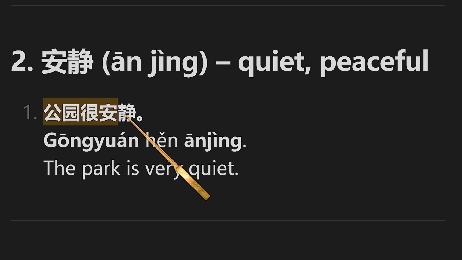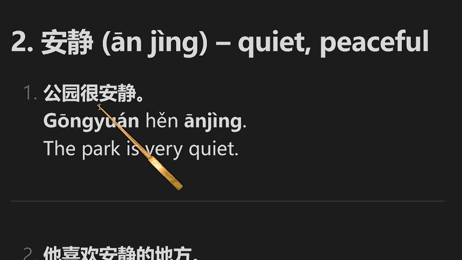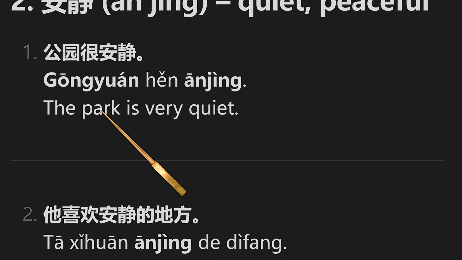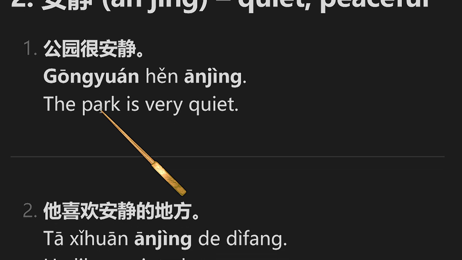The park is very quiet. You can say peaceful or quiet, but I think quiet is the more popular translation. 很安静. It's 安静, not 静, it's 静, more like 静 安静. A bit more air comes out of your mouth, because of 气 and 静, something like that.